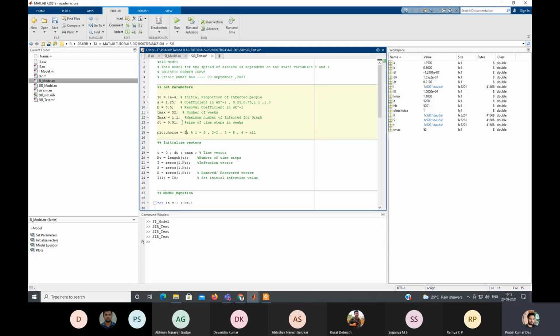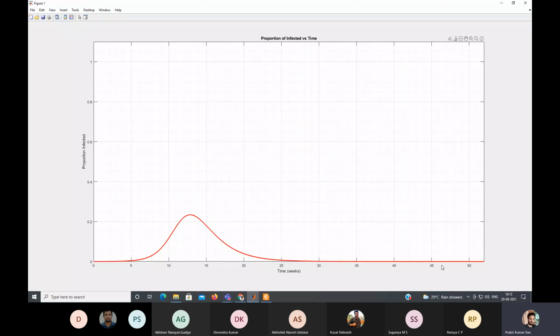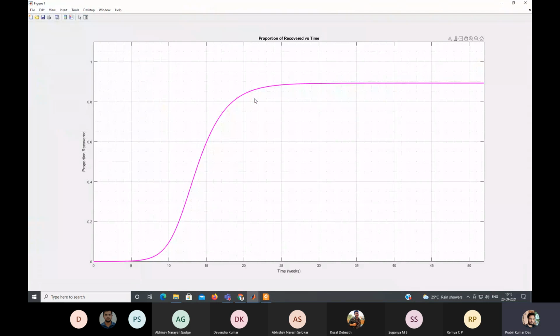These values are already predefined. This is our I curve, sorry, proportion infected versus time. This is our R curve.